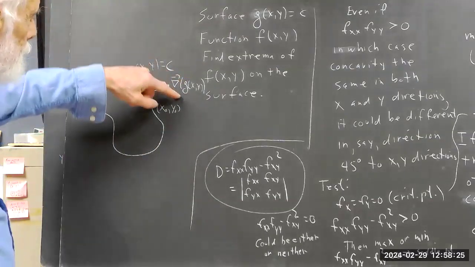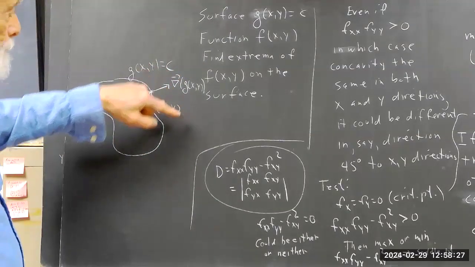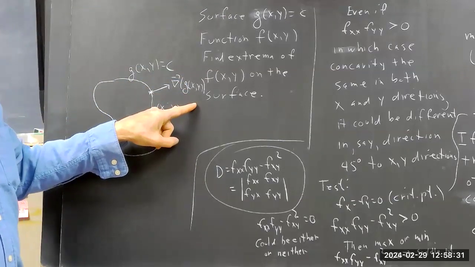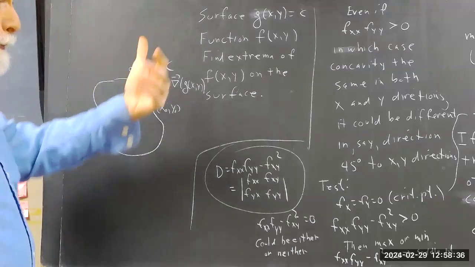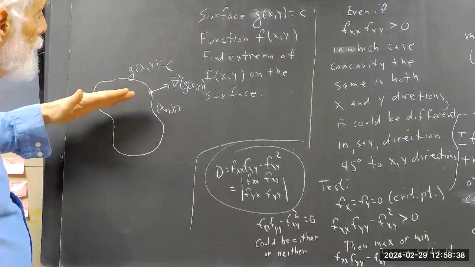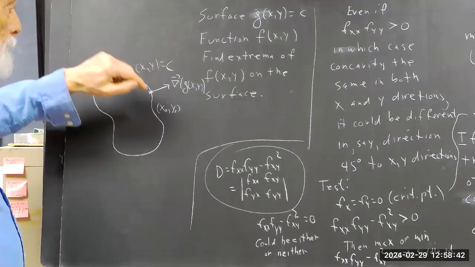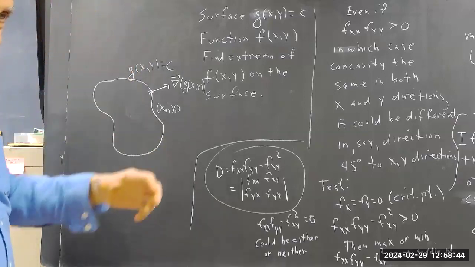The gradient of g is the direction in which g is changing most rapidly. Specifically, the direction in which it's increasing most rapidly. But all we know is that along this gradient line, g is changing most rapidly.